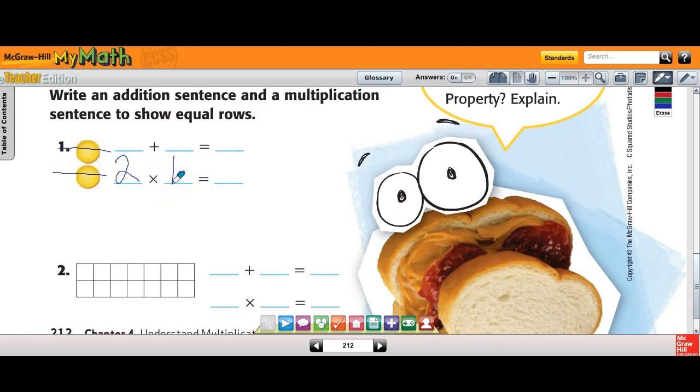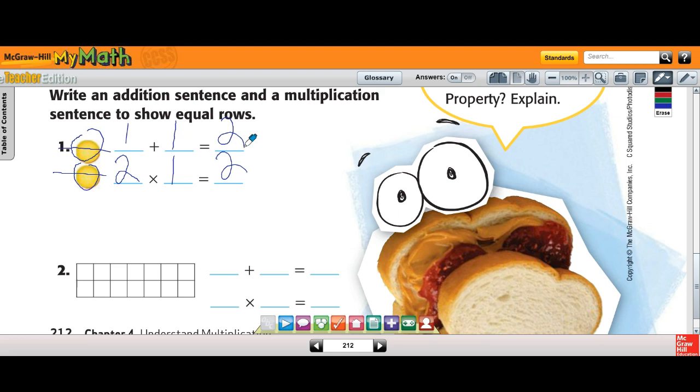Just 1. So what would be my addition sentence for this? How many in this row right here? 1. How many in this row? That's just 1. 2 times 1 is 2, so I have to have the same answer. 1 plus 1 is also 2.